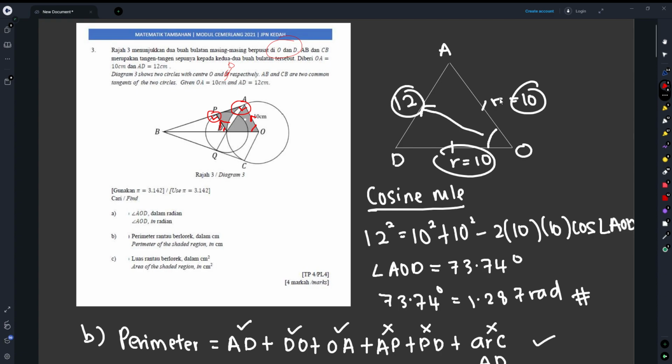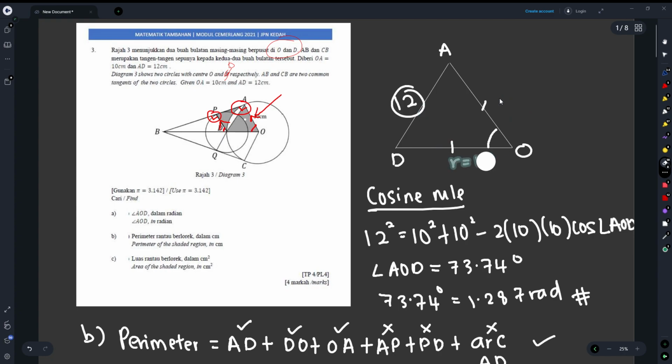What happens technically, if I only focus on the triangle here, which is triangle AOD, you can analyze that the angle has already been found. This is 10, this is 10, the angle we found out to be 1.287. So can we find out this angle and this angle? Yes, of course. How? Very simple. 1.287 radian is equivalent to 73.74 degrees.